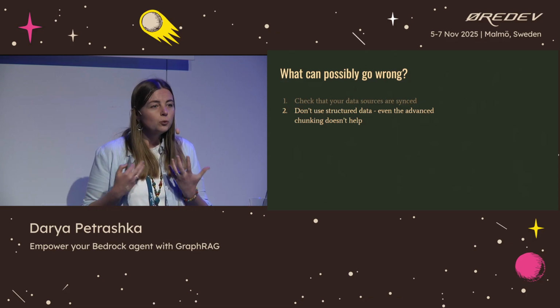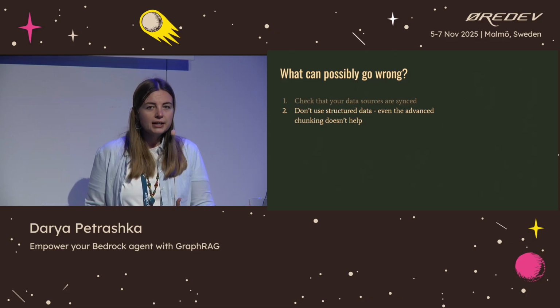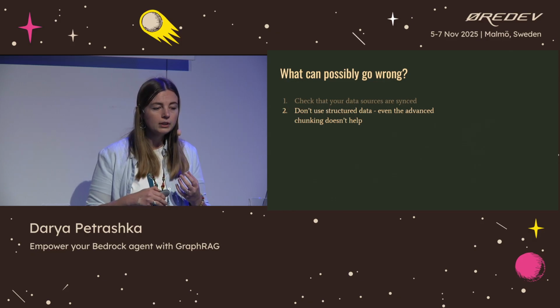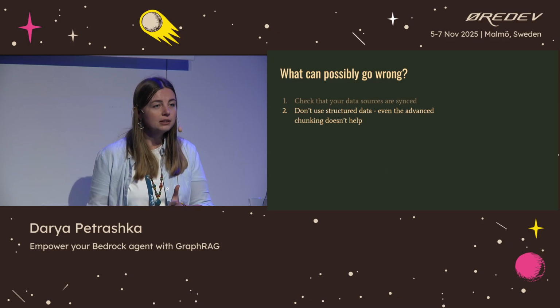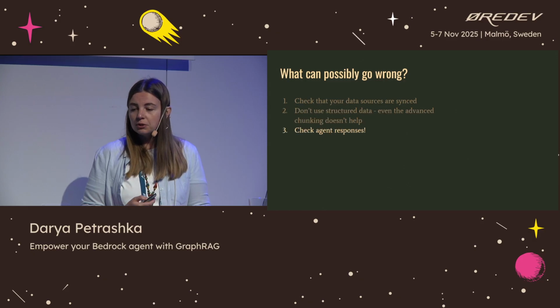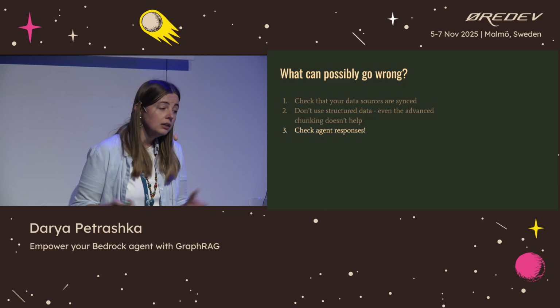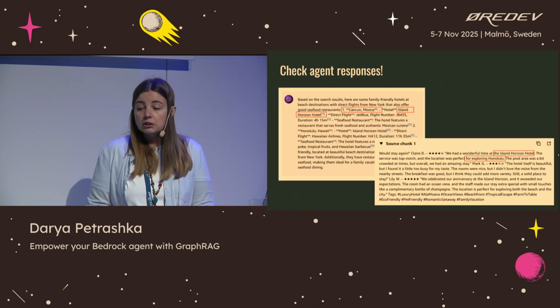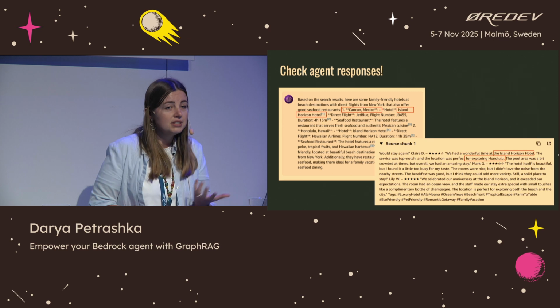Advanced chunking won't help you because for that purpose they have a structured database. This is not about RAG or GraphRAG. And finally, you need to check agent responses because hallucination can still happen.